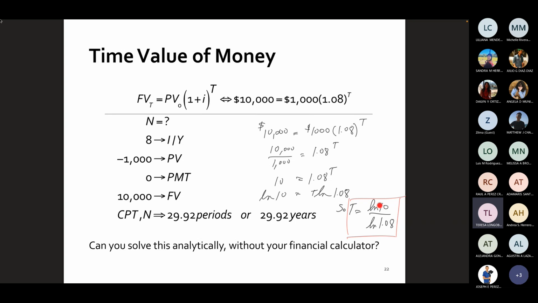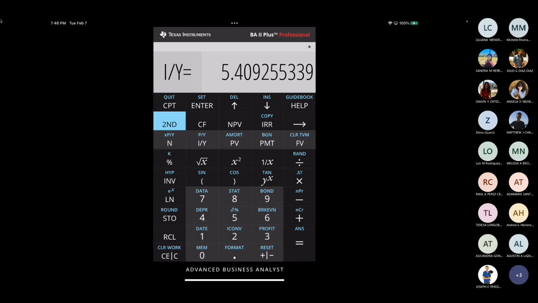So to put this in your calculator, it's ln 10 divided by ln 1.08. I think you have to put the number in first. So I do 10 ln divided by 1.08 equals, there you go, 29.92.